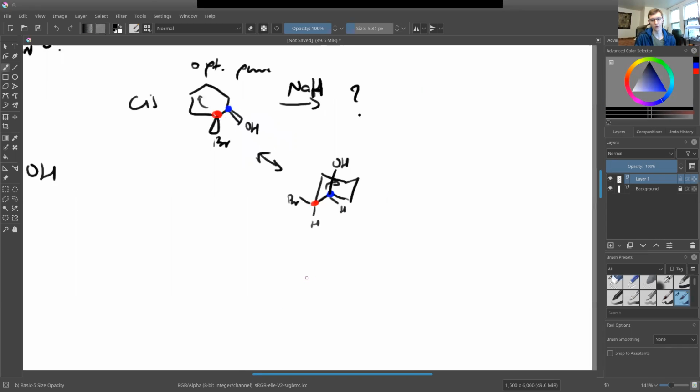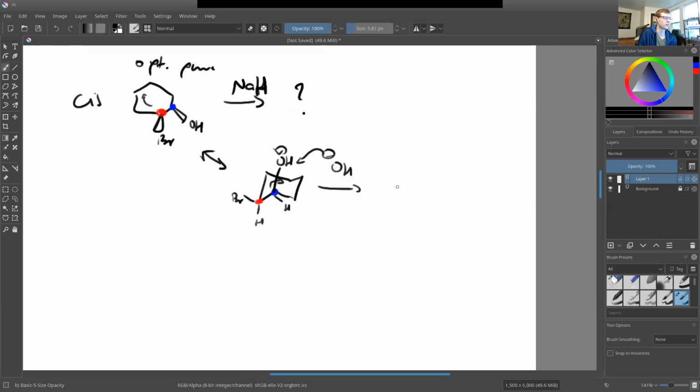Okay, we've done the hard work, right? We're set. So now give it some OH minus, right? It's going to take that hydrogen and pluck it off. So now this is an O minus, and this is a bromine.